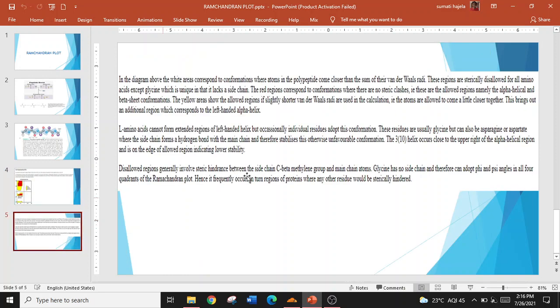All amino acids cannot form extended regions of left-handed helix, but occasionally individual residues adopt this conformation.